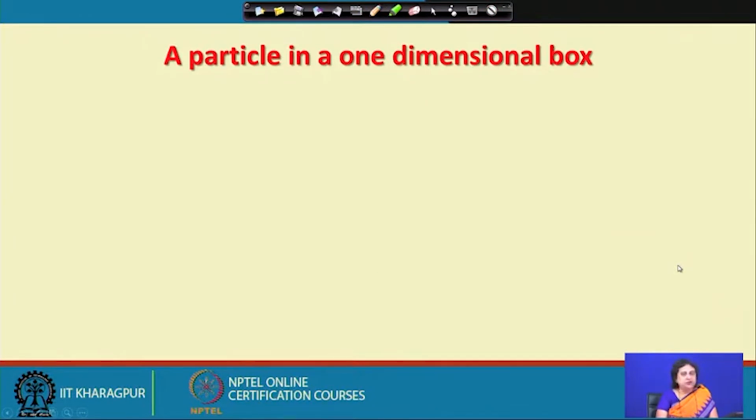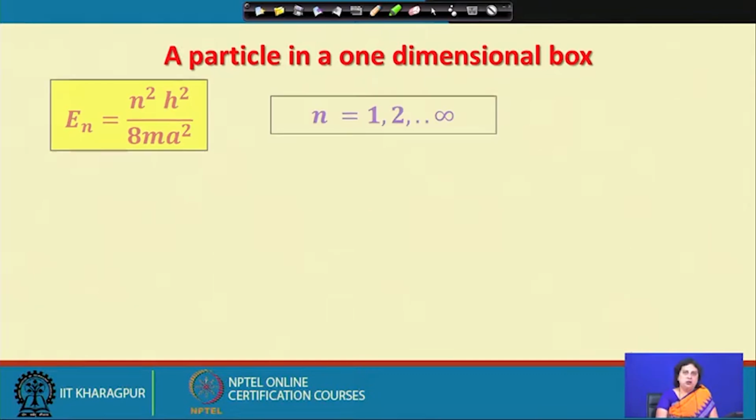Now, once I have some ideas about these very simple systems, let me go back and pick up a slightly different idea, but still in one dimension. In your introductory courses on quantum mechanics or quantum chemistry, you have come across the situation where a particle is confined within a one dimensional box.